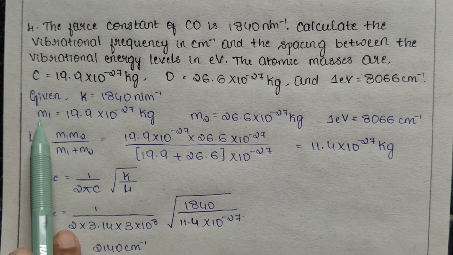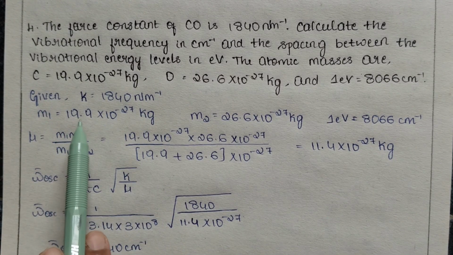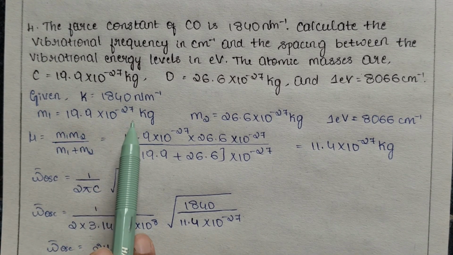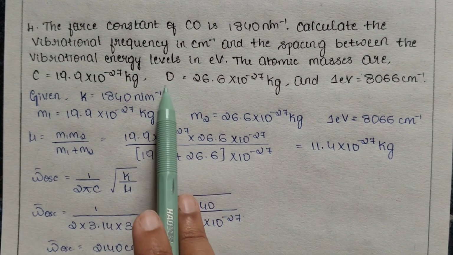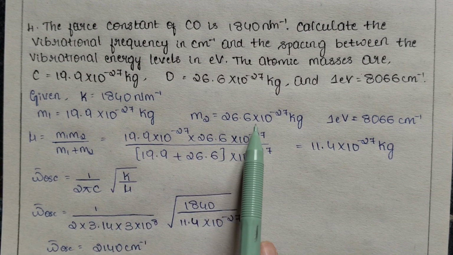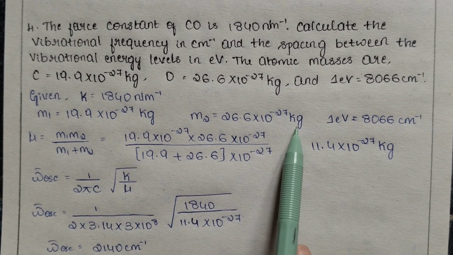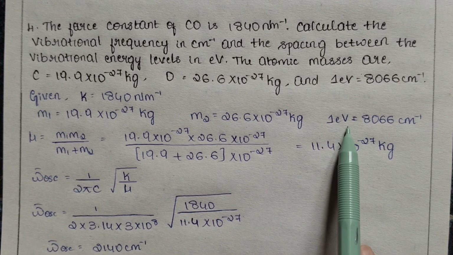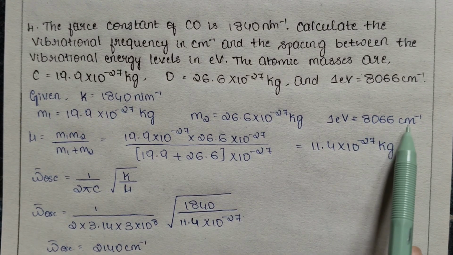First we'll write the given, that is force constant K is equal to 1840 Newton per meter. M1, that is of carbon, is 19.9 into 10 to the power of minus 27 kg, and M2, which is of oxygen, is 26.6 into 10 to the power of minus 27 kg, and 1 electron volt is equal to 8066 centimeter inverse.